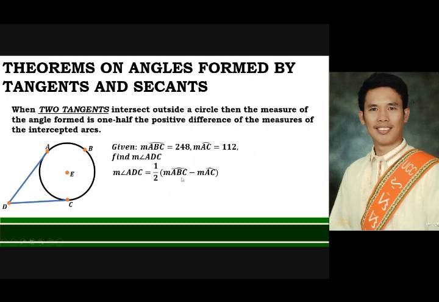So, arc ABC is 248 while arc AC is 112. Kunin natin yung difference ng dalawa. Magkakaroon tayo ng 1/2 of 136 degrees. Para makuha natin yung degree measure ng angle ABC, kunin natin yung 1/2 ng 136 degrees, and this will be 68 degrees.